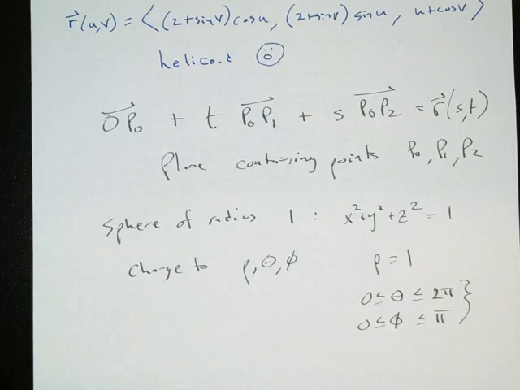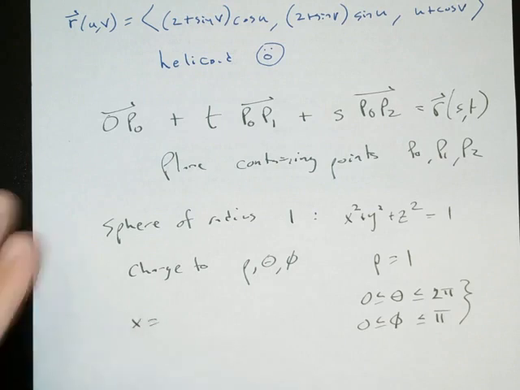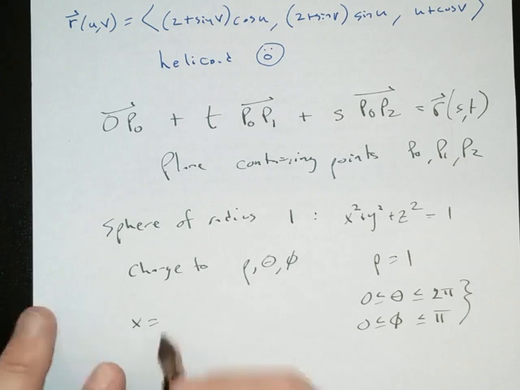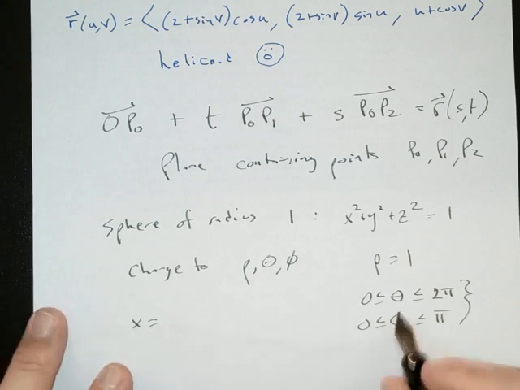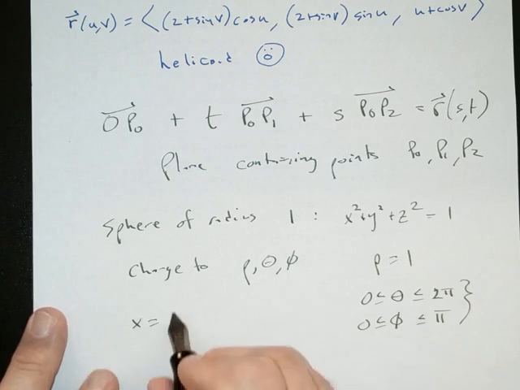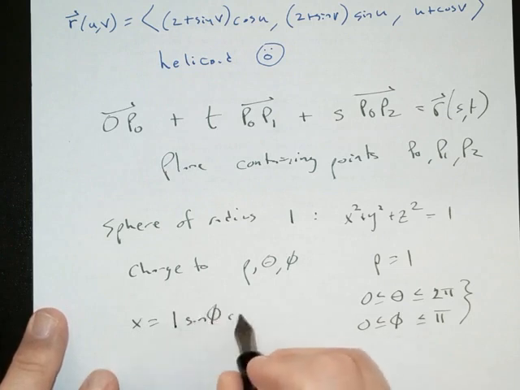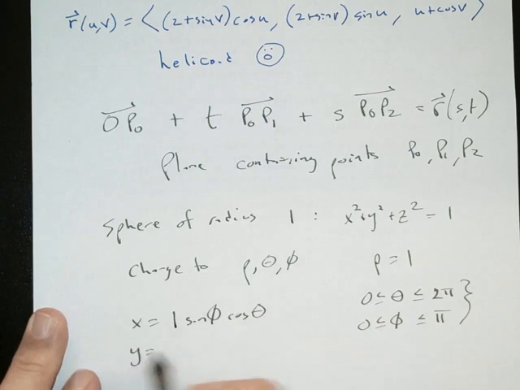What are the equations for changing spherical back to x, y, and z? And those are on your formula card for the last exam. X equals rho sine phi cosine theta, and y equals rho sine phi sine theta.